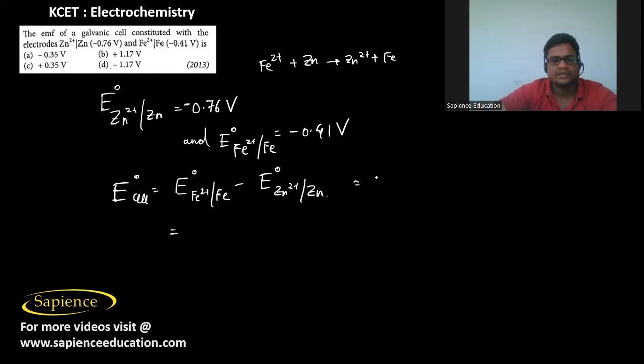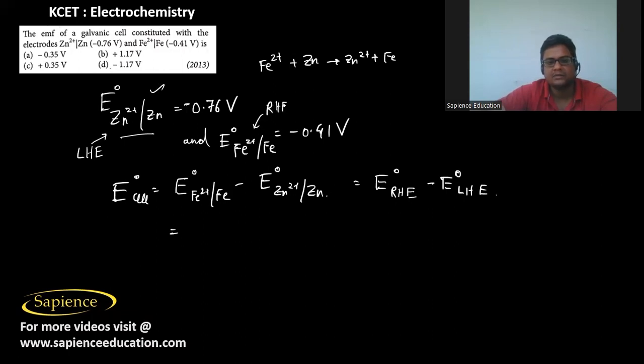Or simply you can say E naught cell is the electrode potential of the right hand electrode minus E naught of the left hand electrode. So here the electrode on the left hand side is Zn2 plus to Zn, and the right hand electrode is Fe2 plus to Fe.